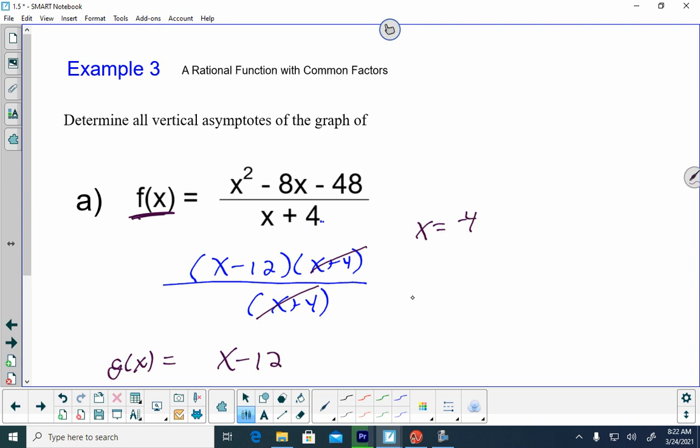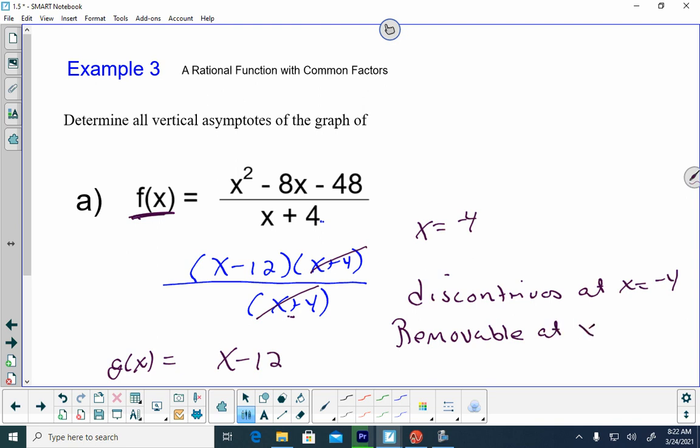Since the only place that I had the discontinuity, so it was discontinuous at x is equal to -4, that was a removable discontinuity. And since it's removable, that means there are no vertical asymptotes. So no vertical asymptotes for that one.